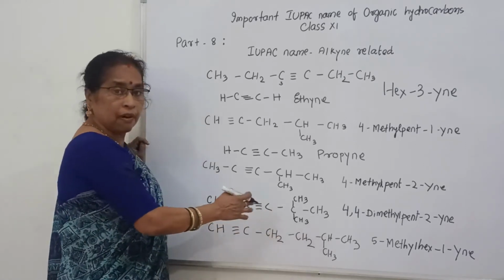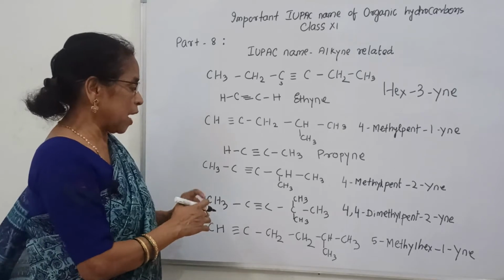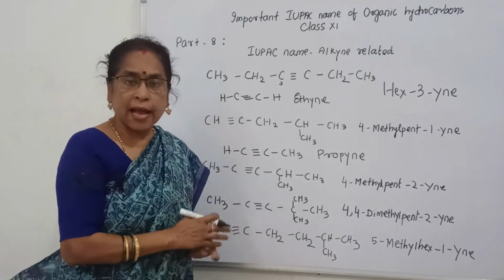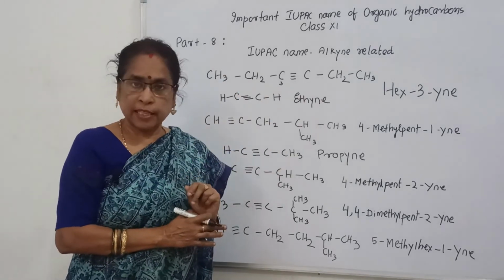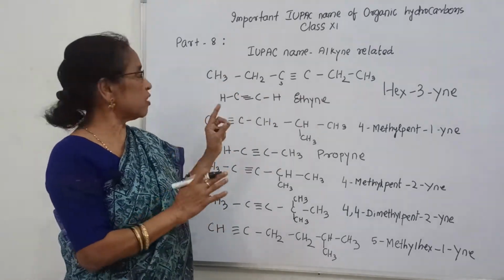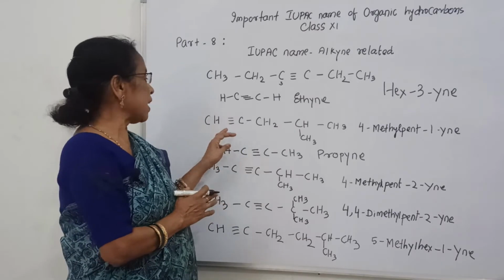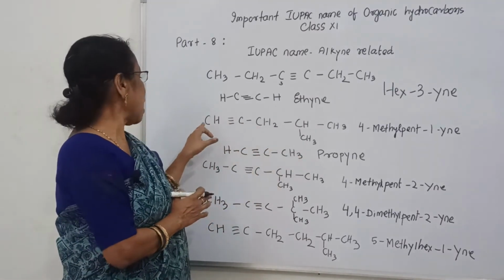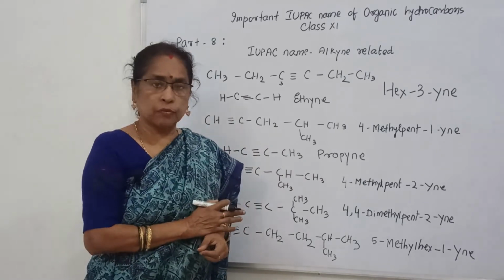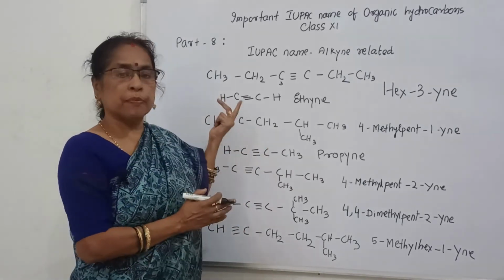Now you can see from this side again, after 1 there is a triple bond, and 1, 2, 3, 4, 5, in 5 there is a methyl group, that is why 4-methylhex-1-yne. Again see, this is very simple, ethyne, there is no branch, nothing else. Here one branch, a methyl group, a substituent group, and after 1 there is a triple bond, 1-yne. Here the simple propyne.